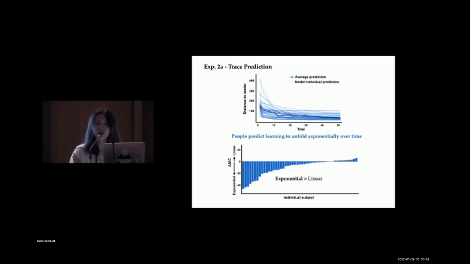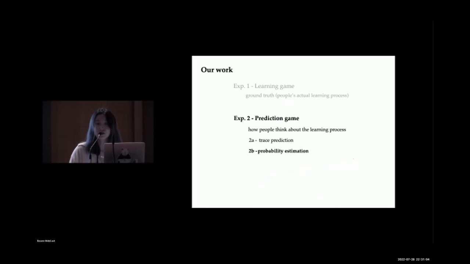To make sure that this result doesn't come from any experimental artifact based on how we're asking the question, we designed experiment 2B, a probability estimation game. The goal here is to design a game that is as different as possible from experiment 2A, so that we can make sure what we're getting is actually participants' intuition.